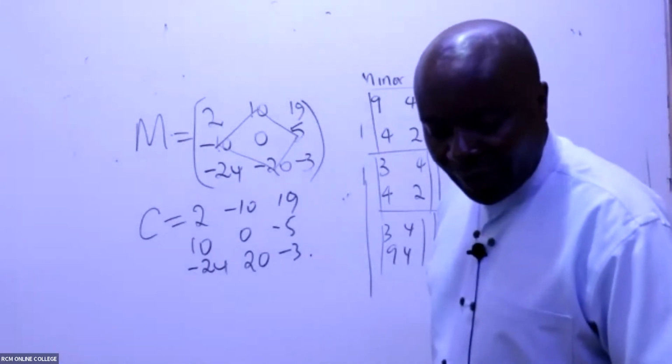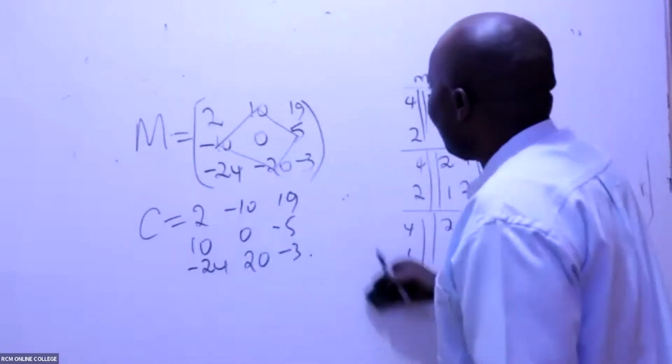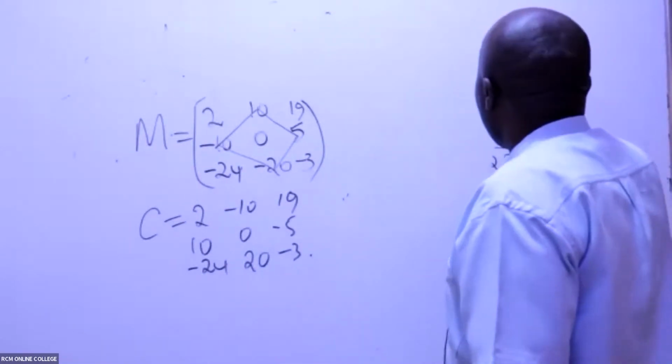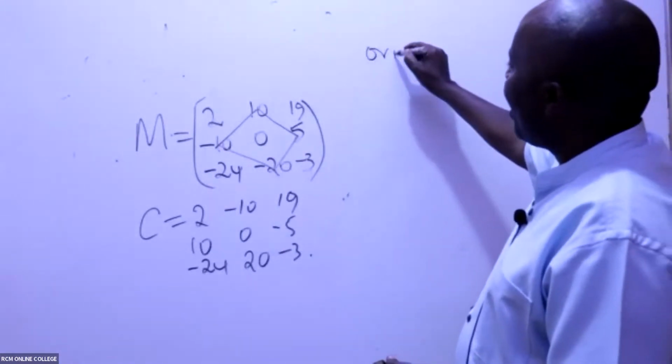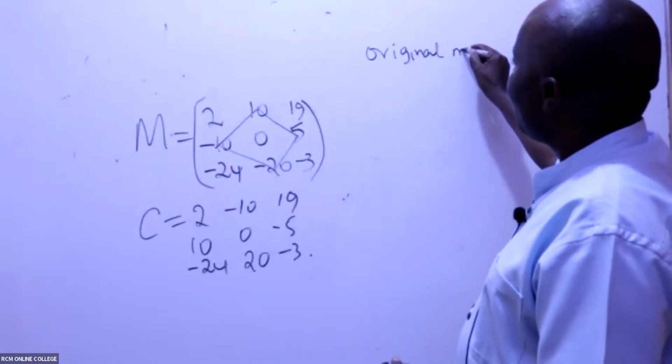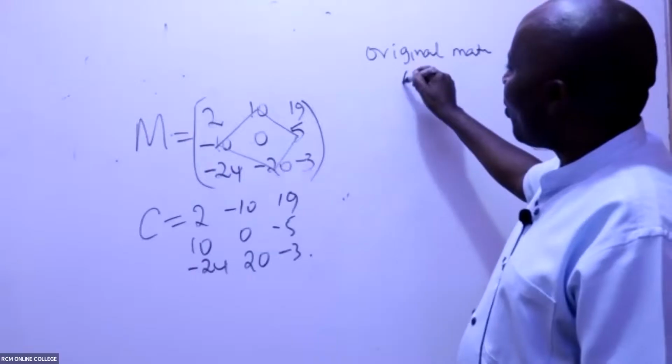Now, ladies and gentlemen, after getting this, the next, remember you had gotten, is there somebody who can remind Mwalimu our original matrix? Let me remind myself of the first row. What was the first row, the one of A, B, C?